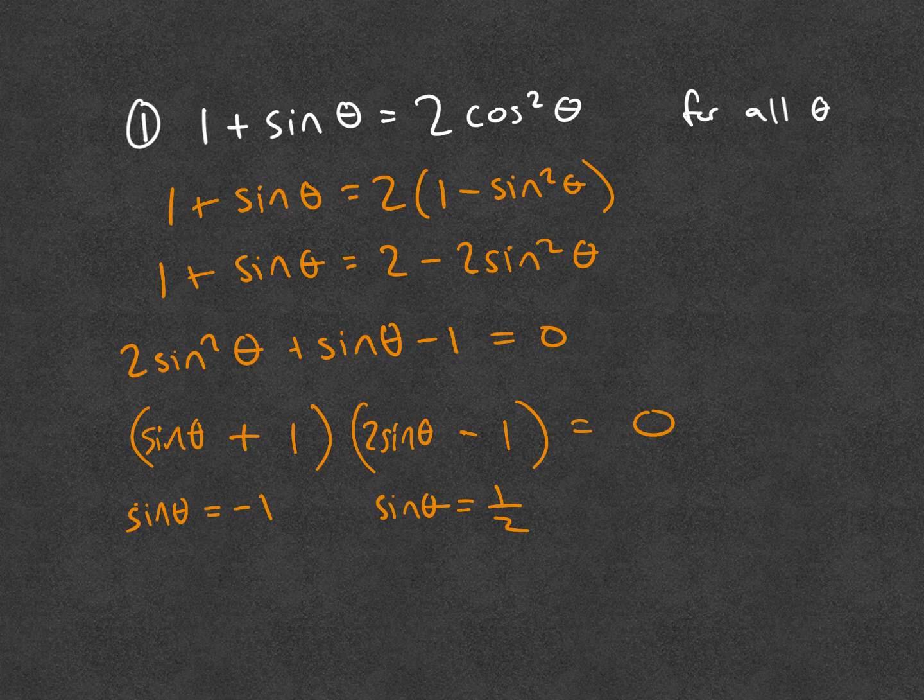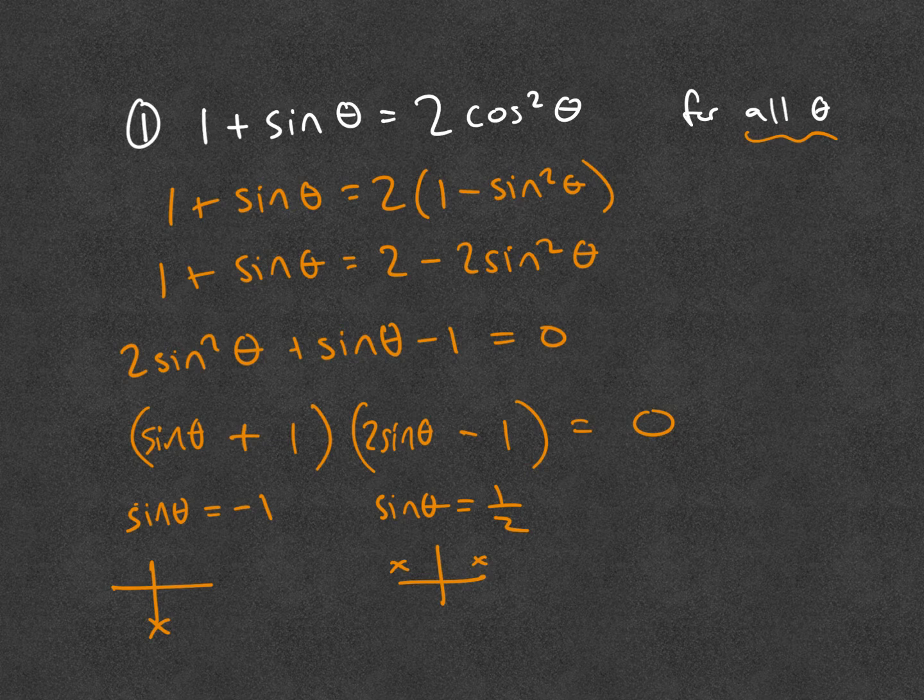And now I can just look at the unit circle. Sine is -1 at that angle there, 3 pi over 2. Sine is 1/2 there and there, pi over 6 and 5 pi over 6. But we want all theta, so we're going to say plus 2 pi k.